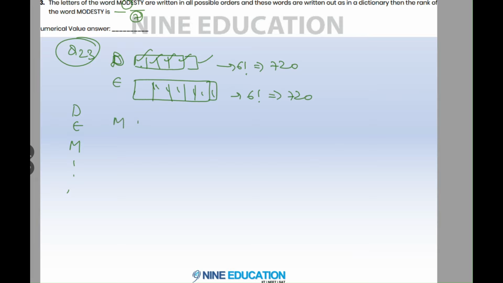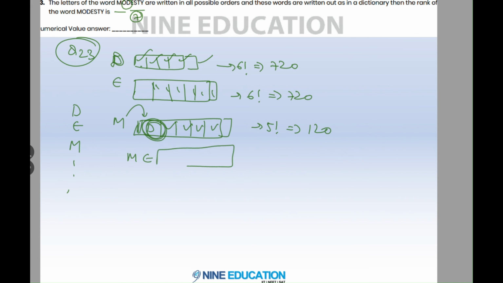Then we have M in the dictionary. But we don't need just any M word; we need MODESTY in particular. So after M, the letter which comes up is D. Now this has 5 factorial choices, which is 120. After taking D, now we have the letter E, so again 5 factorial choices.